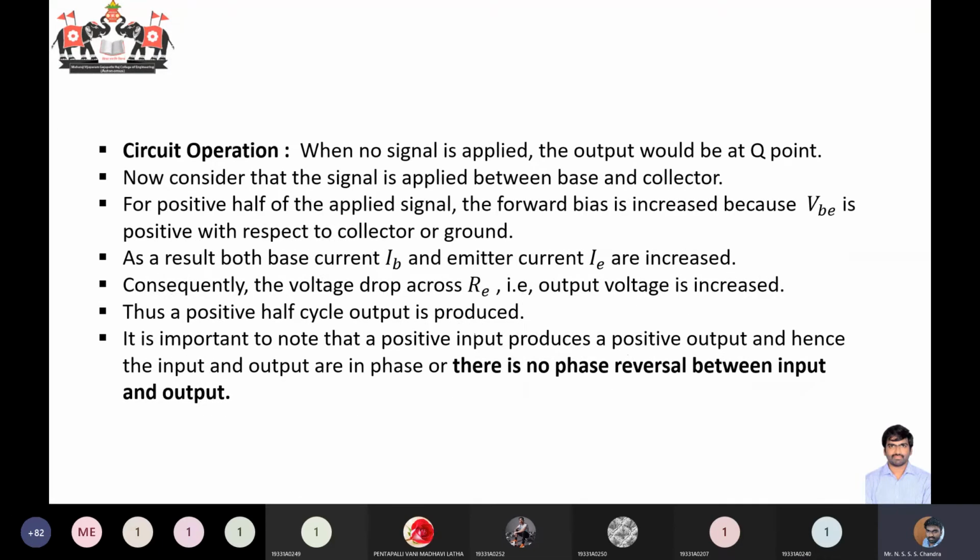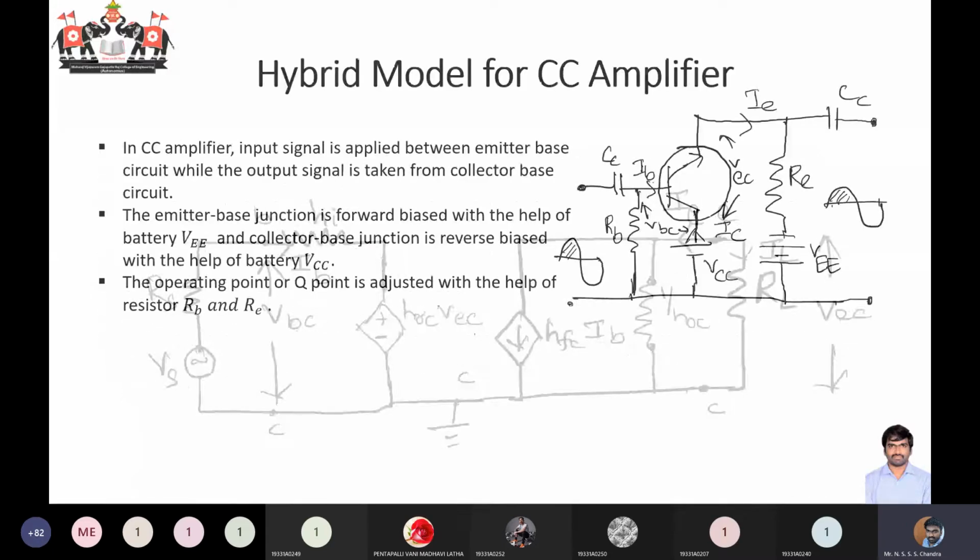Again, we will be discussing the circuit operation. What happens when no signal is applied? The output will be at the quiescent point or the operating point. If you apply the signal, for the positive half of the applied signal, the forward bias will be increased, unlike in the common base configuration. Let us see why.